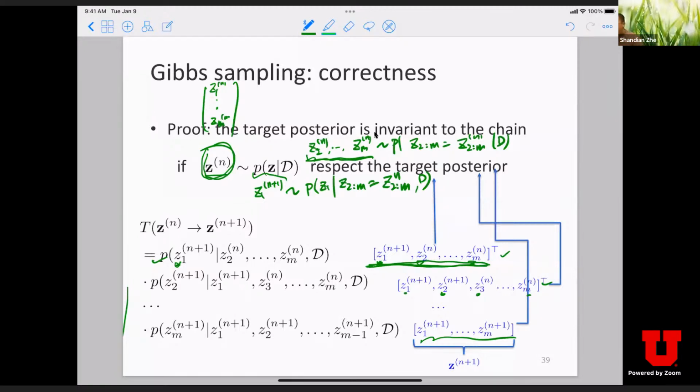We want to look at the joint distribution of Z1 n plus 1, this new sample for Z1 only, and also the old samples. What's their joint distribution? Let me use Q to avoid confusion.